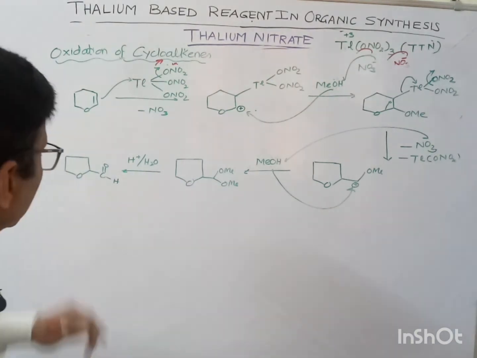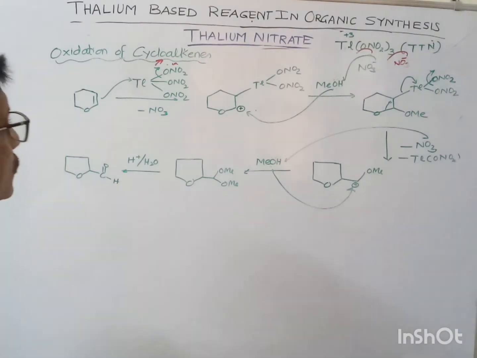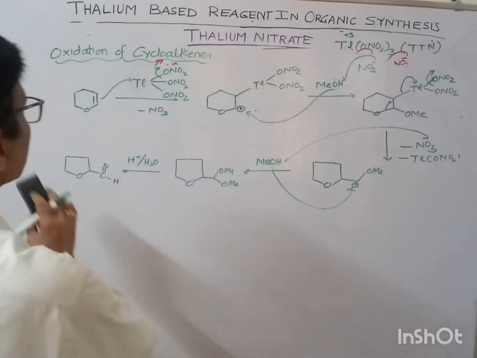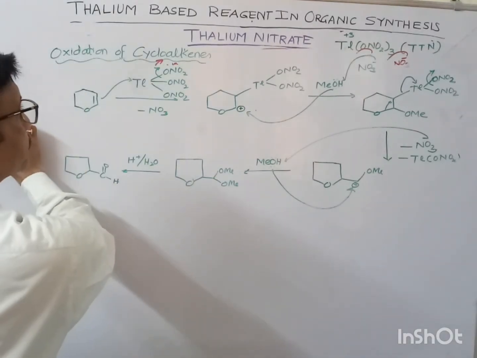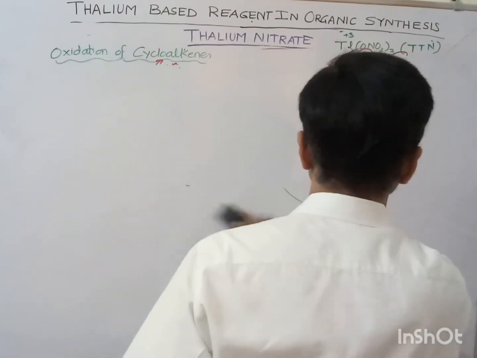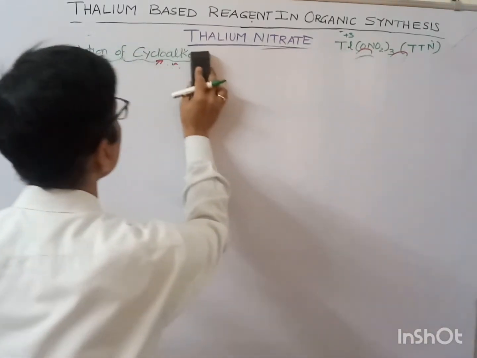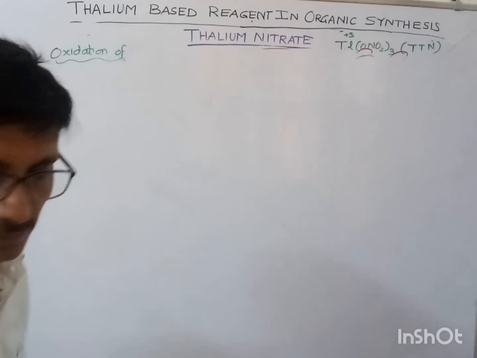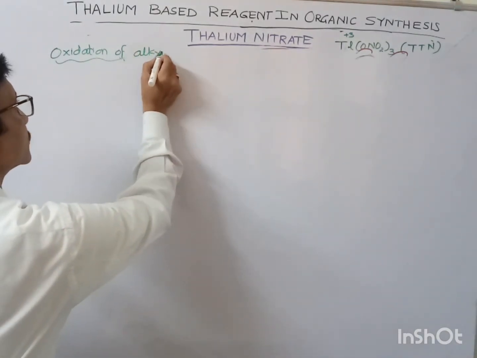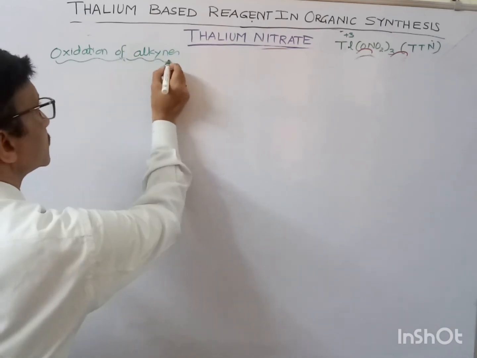Okay, so this would be the product in this case. So this is about the cycloalkene. Now let's see the reaction for alkynes. So let's see the oxidation of alkynes. Reaction of alkynes. Okay.